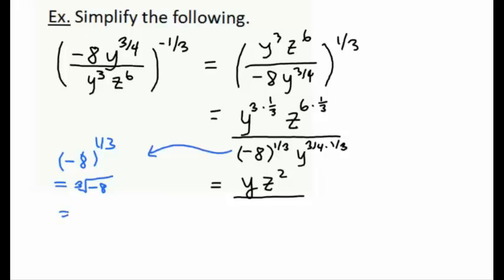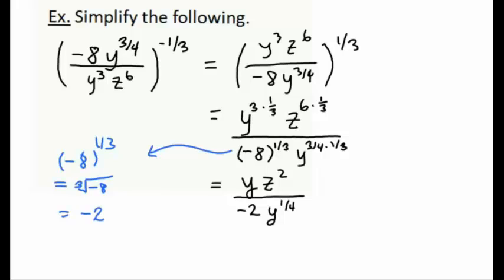And we know that the cubed root of negative 8 is going to be negative 2. So I'm going to simplify that right away. I'm just going to put a negative 2 here in the denominator. And finally, we're going to multiply our last two fractions together. 3 over 4 times 1 over 3. That's going to give us y to the power of 1 over 4.